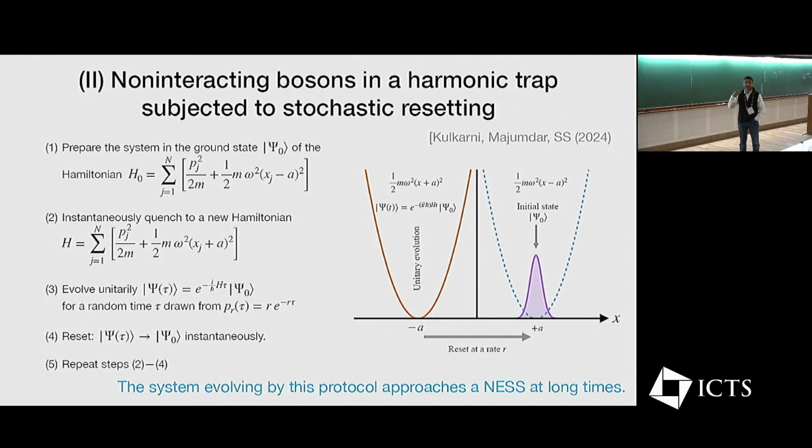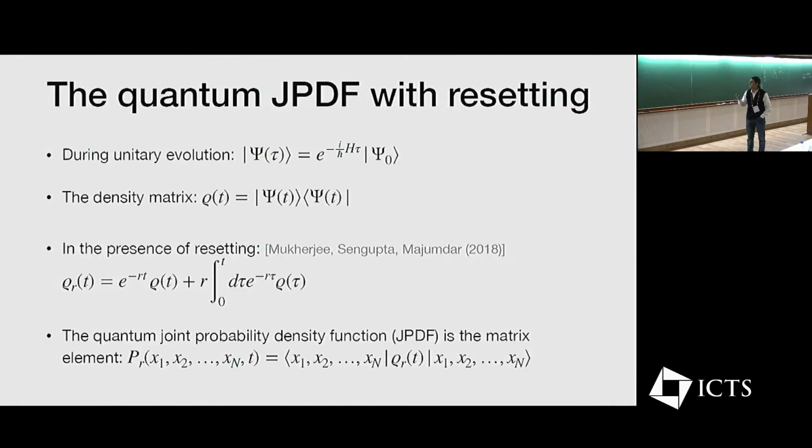This repeated quenching to this Hamiltonian and then resetting to the ground state drives the system into a non-equilibrium steady state. So how does it work? You have this unitary evolution during this time tau, which is drawn from the exponential distribution. And for this time, you can write down the density matrix.